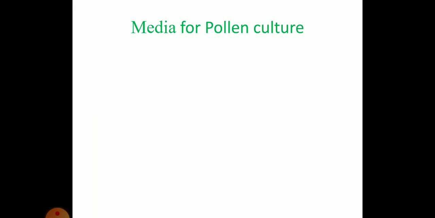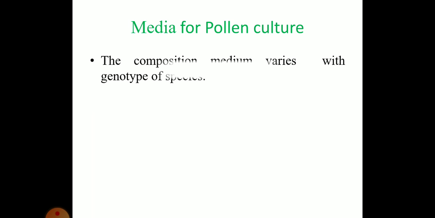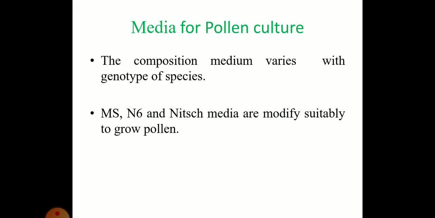Here, the media for pollen culture. There is no common medium for pollen culture. The composition of the medium varies depending on the genotype of the species, the age of the anther and other factors of the anther. Here the MS and N6 and Nitsch media are modified suitably to grow the pollen.